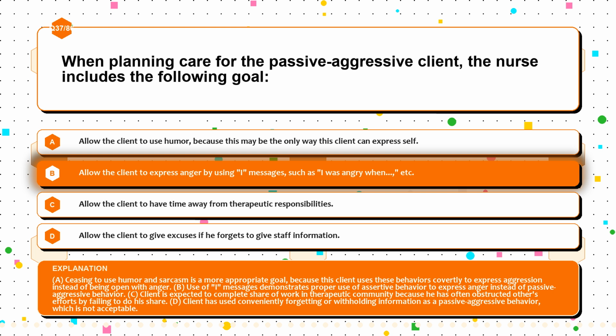B. Use of messages demonstrates proper use of assertive behavior to express anger instead of passive-aggressive behavior. C. Client is expected to complete share of work in therapeutic community because he has often obstructed others' efforts by failing to do his share. D. Client has used conveniently forgetting or withholding information as a passive-aggressive behavior, which is not acceptable.